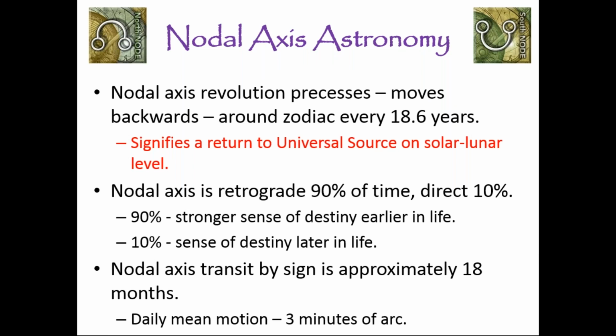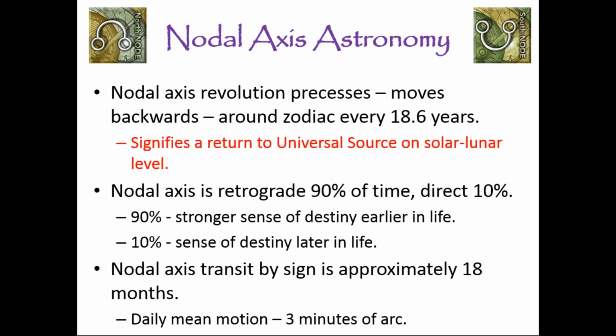Now, the nodal axis revolves backwards around the zodiac. It precesses. This signifies a return to universal source on a solar lunar level. Nodal axis is retrograde 90% of the time, direct 10%. That means 9 out of 10 people born with the nodes retrograde will feel a stronger sense of destiny earlier in life.